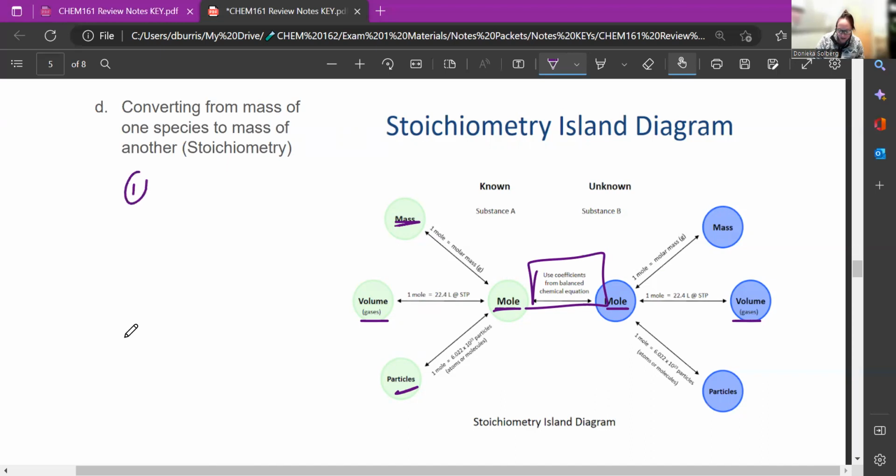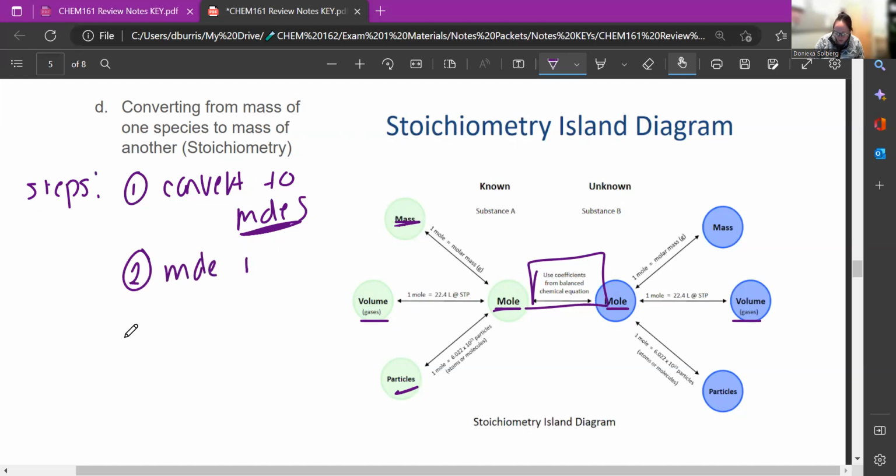The steps are always: step 1, convert to moles. Very important. You cannot use a mole ratio if you are not in moles. Step 2, mole ratio. You always have to have a mole ratio no matter what.